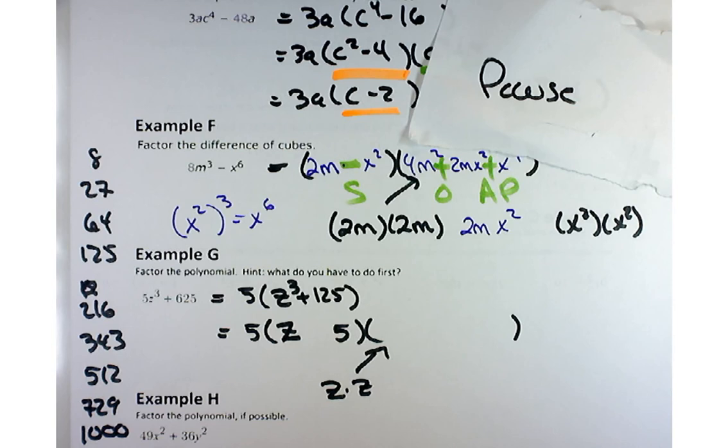Okay, so to get this last term, you're taking this times itself. So it should be 5 times 5, right? Okay, yeah, okay.